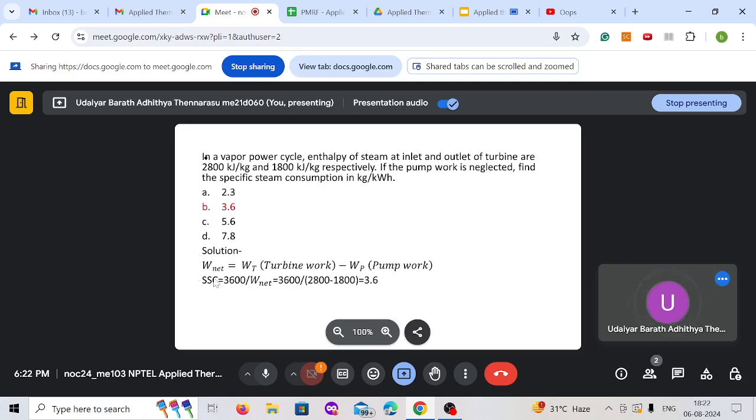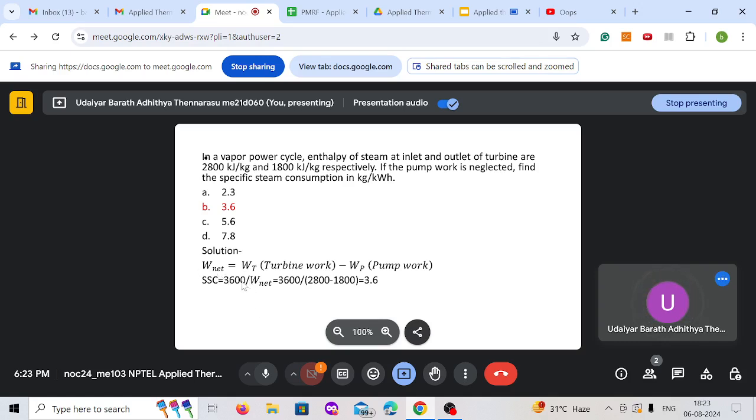So your net work is your turbine work minus pump work. So pump work we are neglecting. So turbine work is m dot into your delta H. So specific steam consumption is nothing but how much steam is being used, or the mass flow rate. You need it in kilowatt hour, so you multiply by 3600 and divide by 3600.